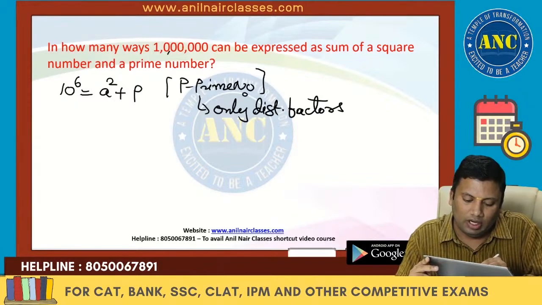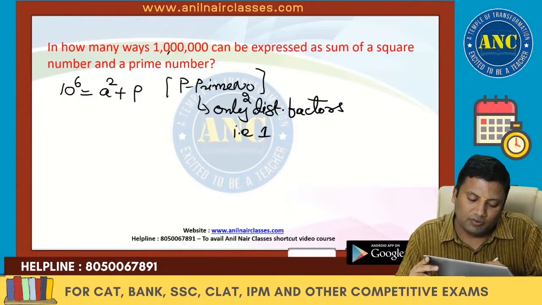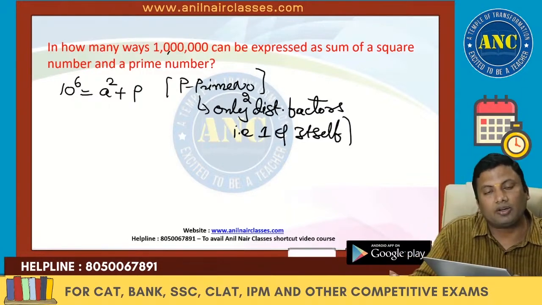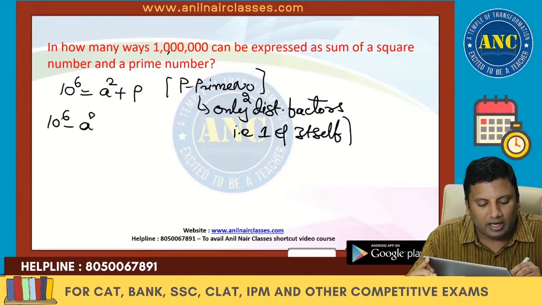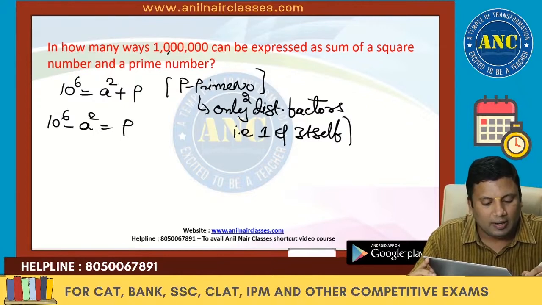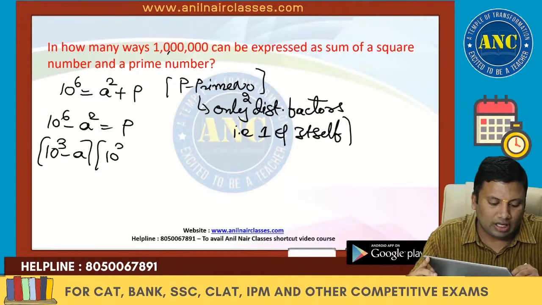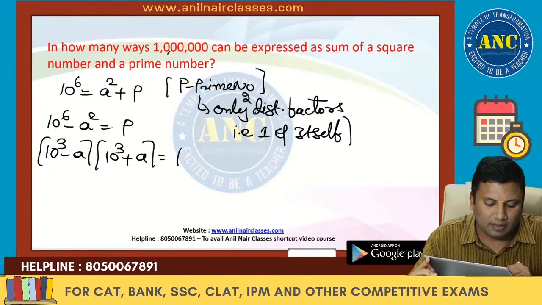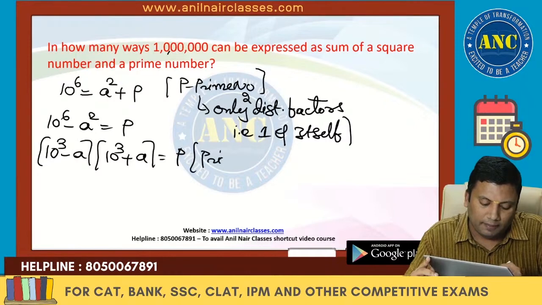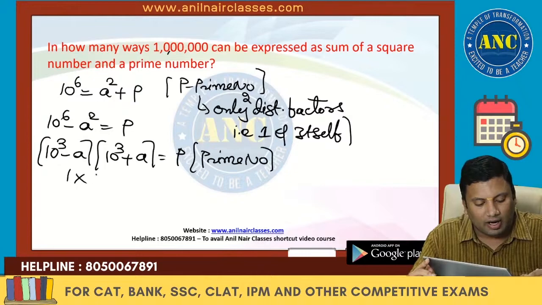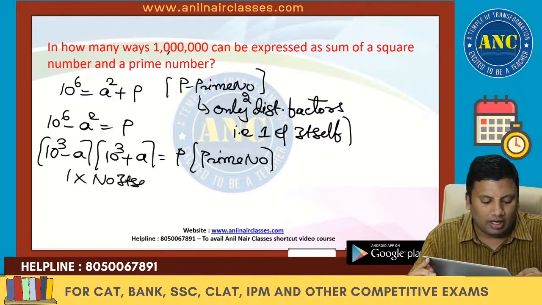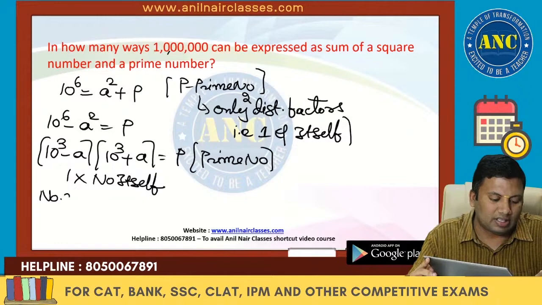Because it has 2 factors, 1 and itself, let us try to factorize it into a product of 2 factors. 10 power 6 minus A square is nothing but P. This is nothing but (10 cube minus A) into (10 cube plus A), which is P. P is a prime number. Because P is a prime number, it is 1 into the number itself, or the number itself into 1.